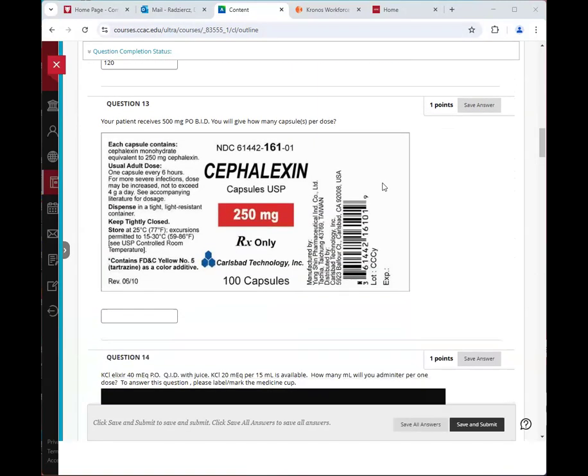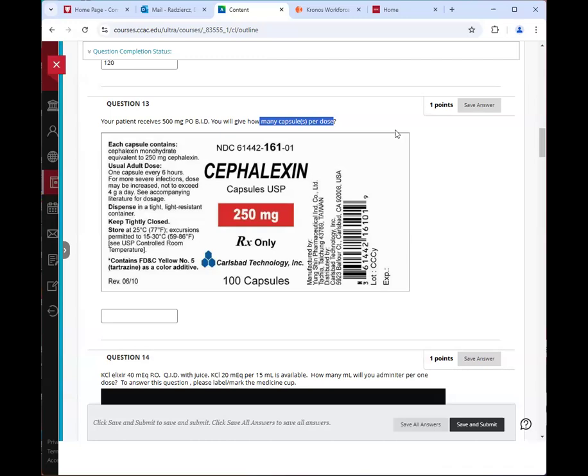All right. These, I think, are a little bit more straightforward questions. I think most nursing students, even if they're not feeling the most confident when it comes to math, usually have a pretty good understanding of the medication delivery, especially when it comes to the capsules and the tablets and things like that. So it says your patient receives 500 milligrams by mouth twice a day, and it wants to know how many capsules per dose.